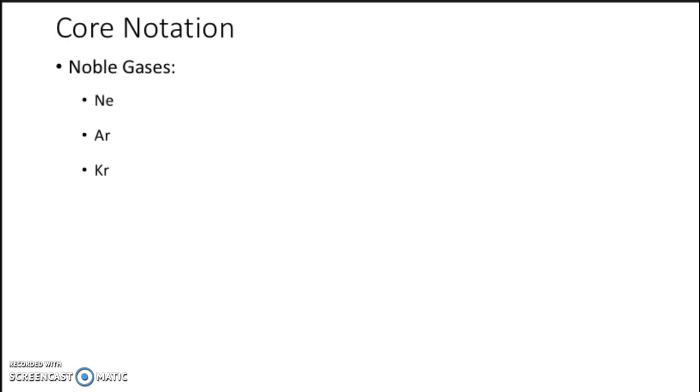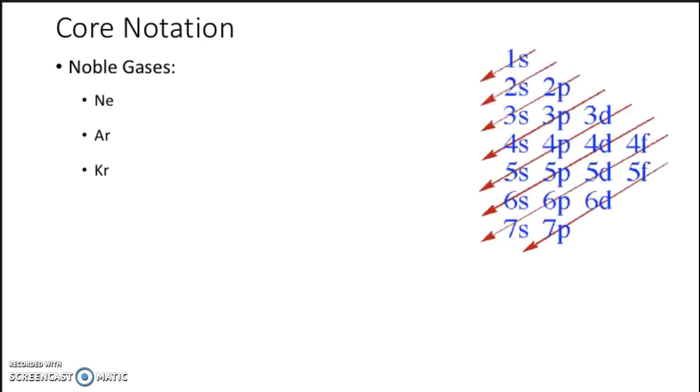So first off, I want to just write out some plain electron configurations for some of the noble gases. So here's the diagram we used in class, and let's start by just writing out the number of electrons we've got. So neon has atomic number of 10, argon has atomic number of 18, and krypton has 36.